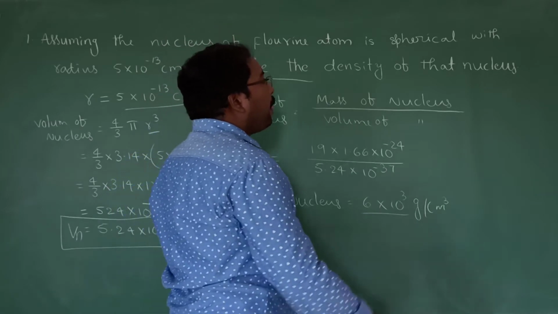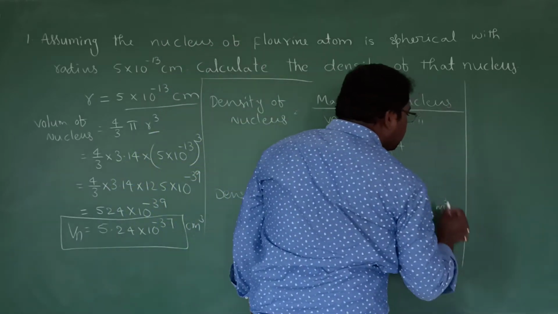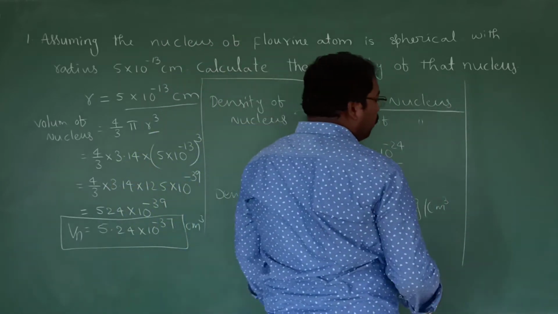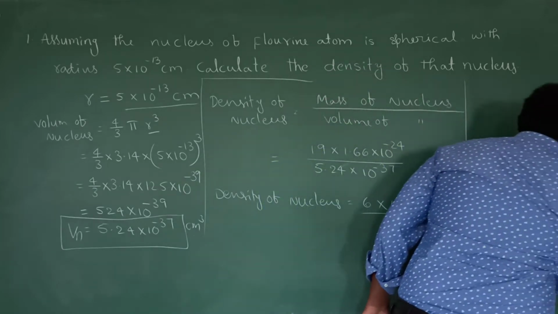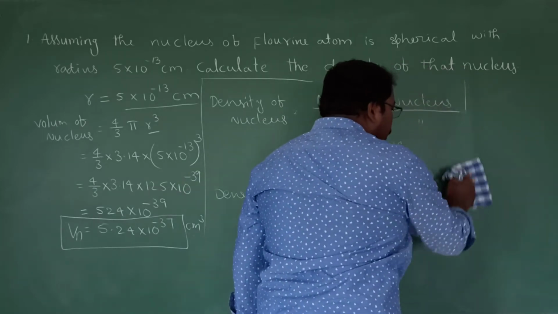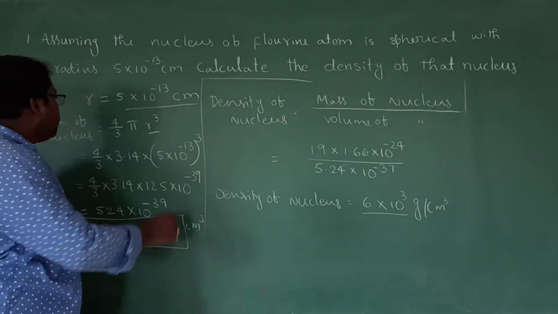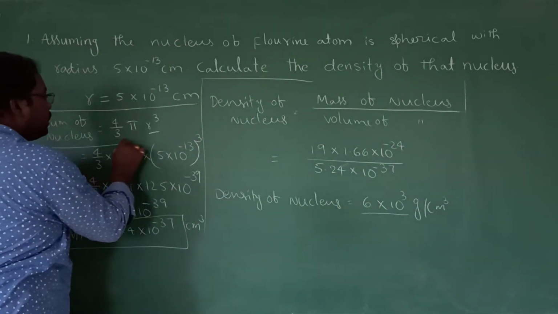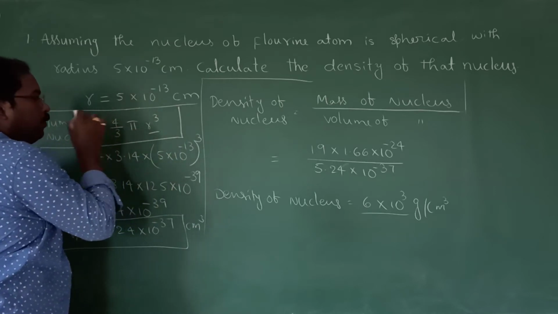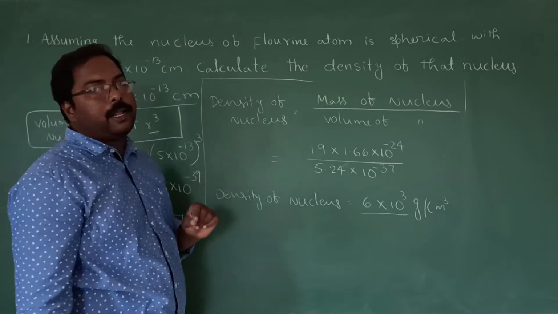Now, regarding this question, what is the important note we have to remember? One is how to find the volume of the nucleus. The nucleus is spherical in shape, so its volume formula is 4/3 pi r cube.